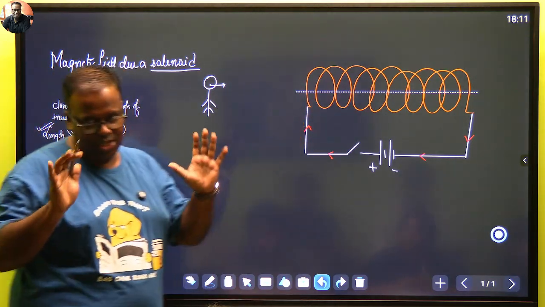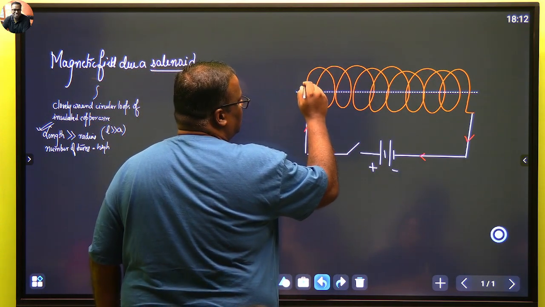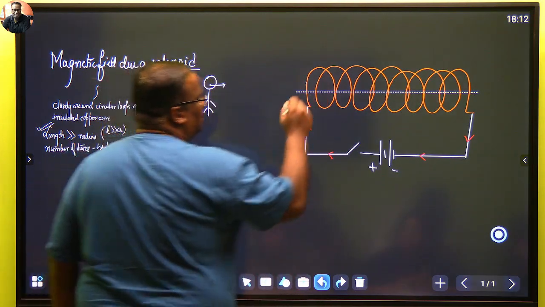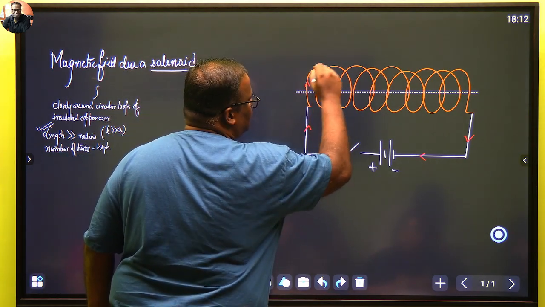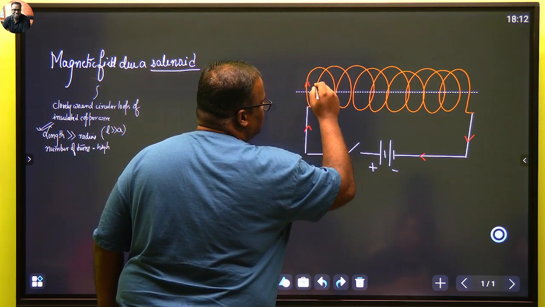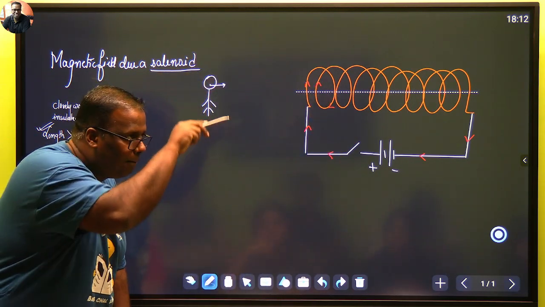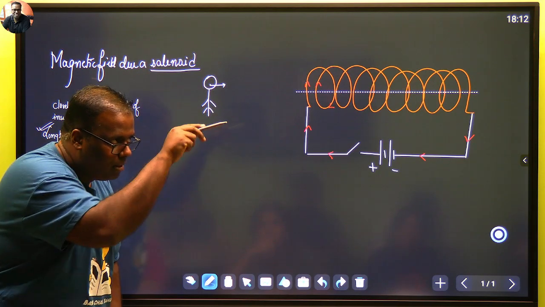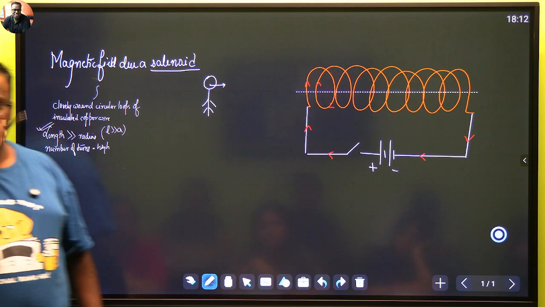Now how is the current going? Let's just see the first loop. The current is entering in this direction, coming out in this direction, again going up. So how do I see the current going? Everyone think like this, how does it look to you?